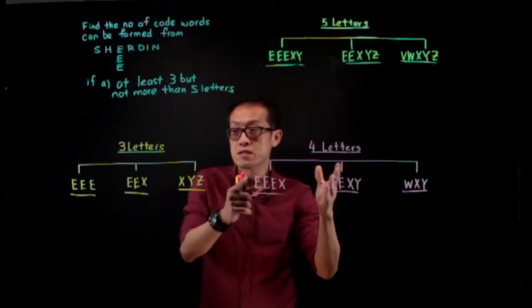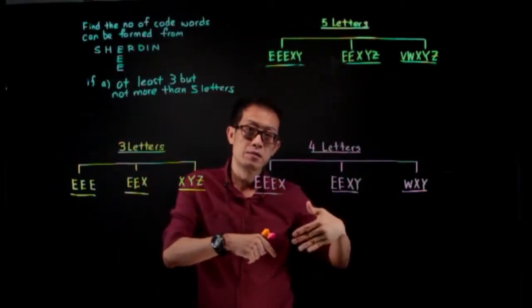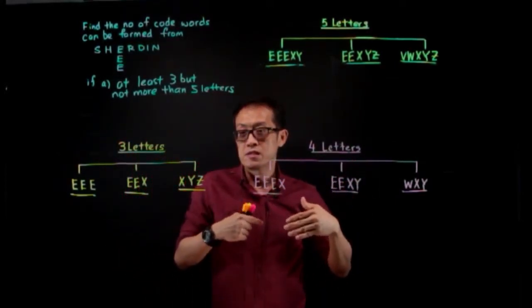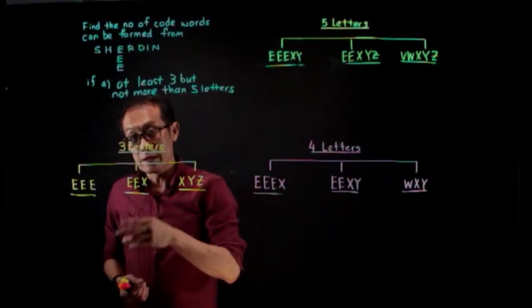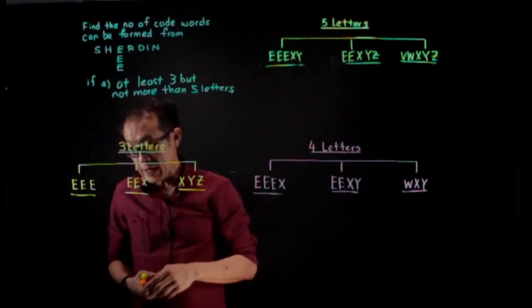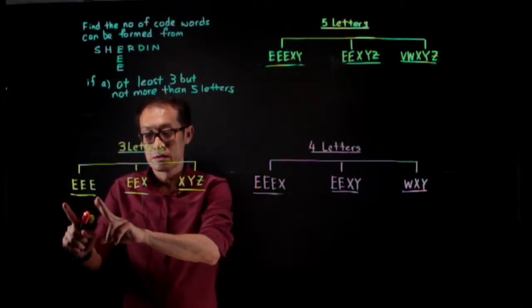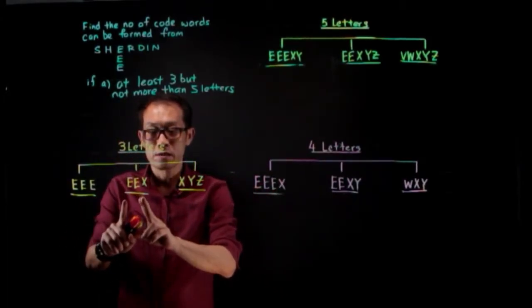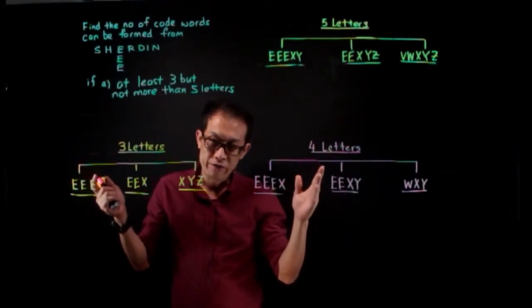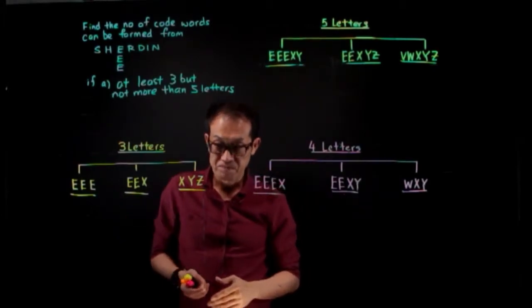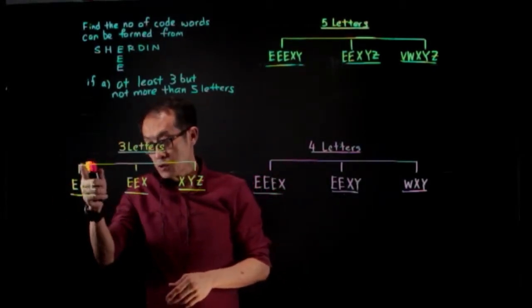Now, each of these categories, you can subcategorize them. Take for example the case of 3 letters. You can have 3 E's, 2 E's, or all the letters are different. So let's look at this case first.